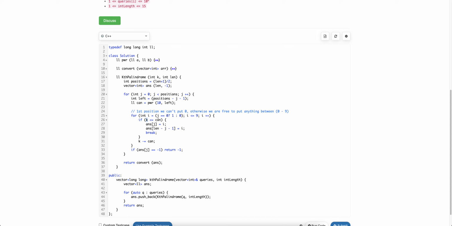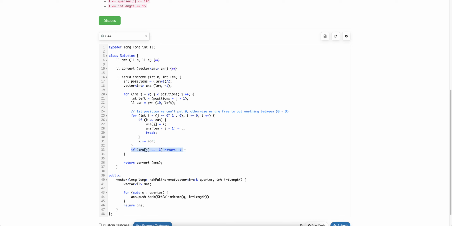So if it is within this range, we will just populate the current digit in the current position and break. Otherwise, we have already skipped this many palindromes, because we are saying with every digit this many palindromes are possible.